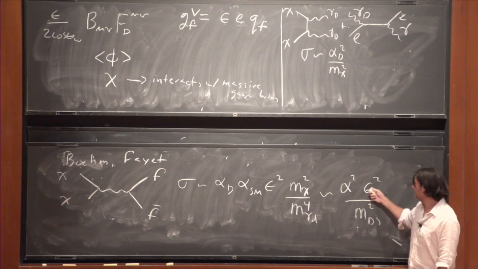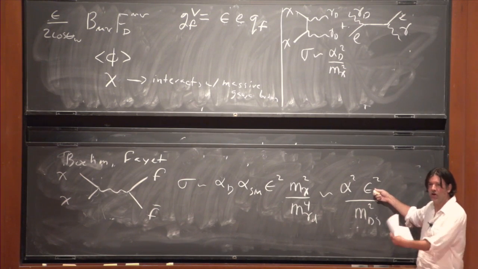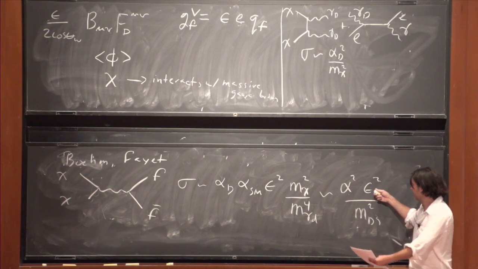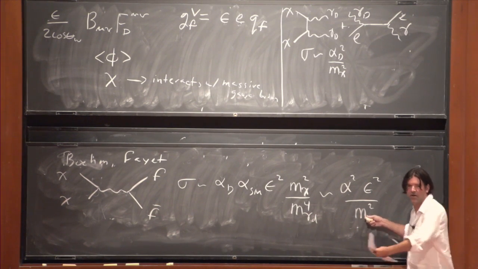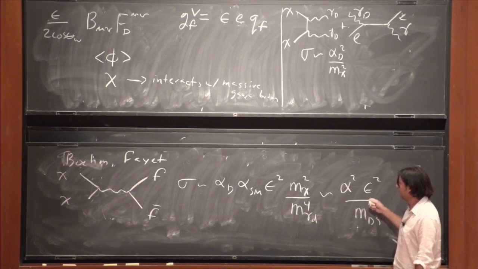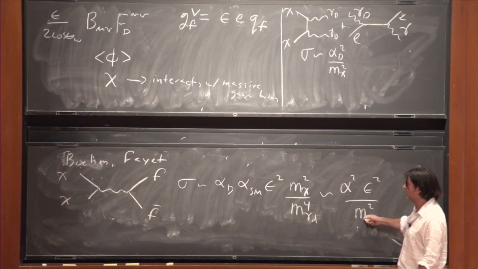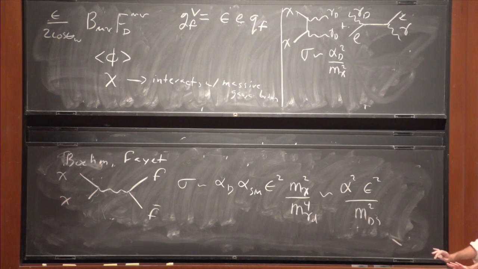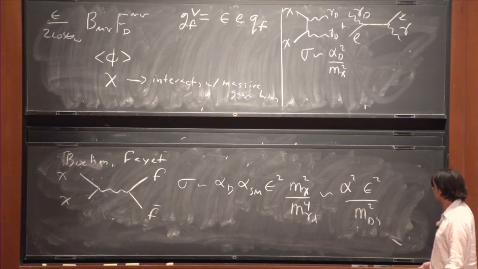But this interaction comes with this additional epsilon, which we know from all sorts of experiments has to be something like 10 to the minus 3 or so. That tells you this mass must also be smaller by 10 to the 3 or so. So it's very natural to imagine situations where this dark matter would be very light: 10 GeV, 1 GeV, 100 MeV, and so on. That's a lot of the discussion, and that's what makes this interesting.